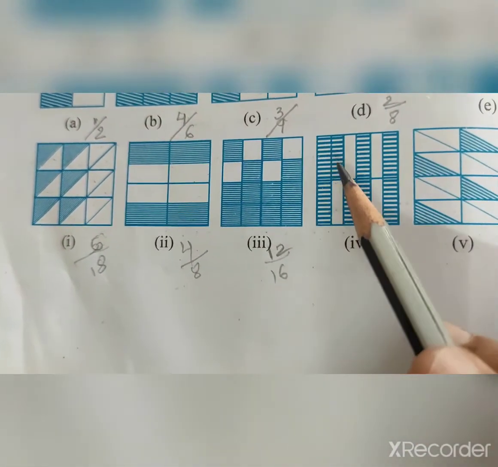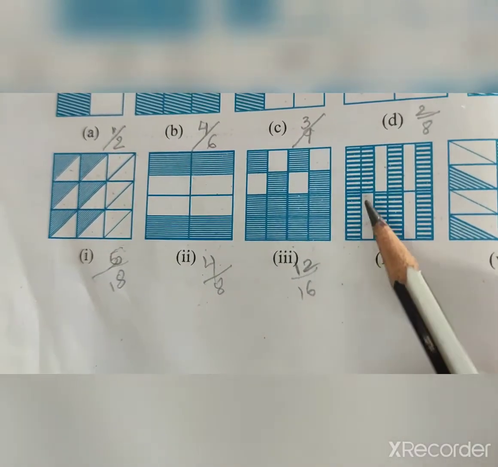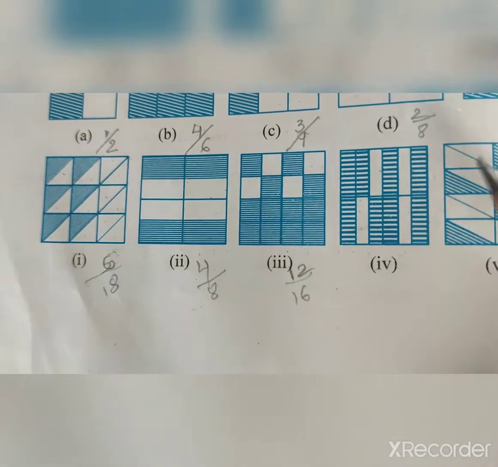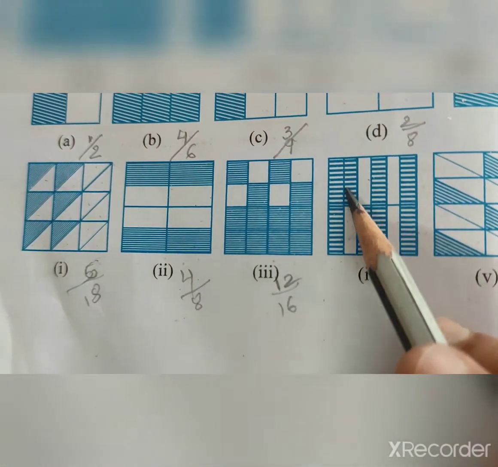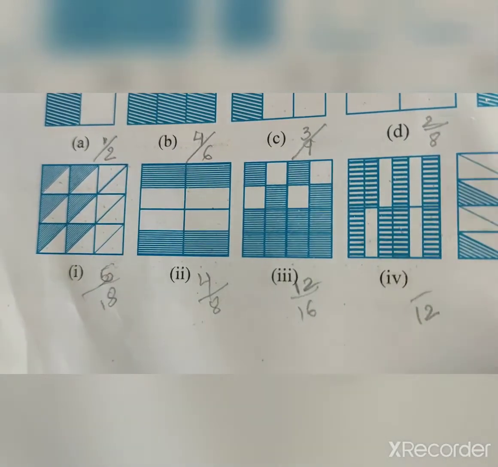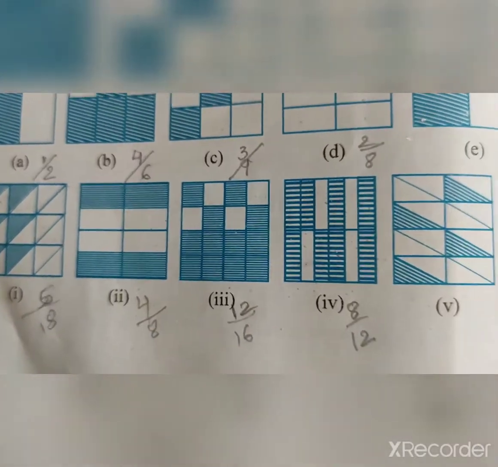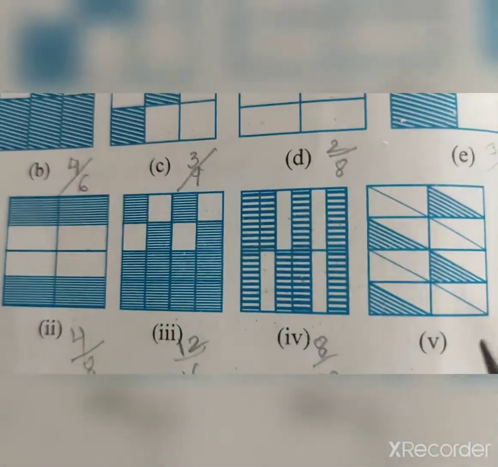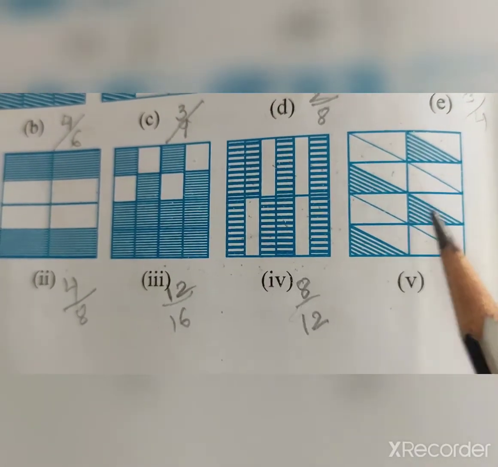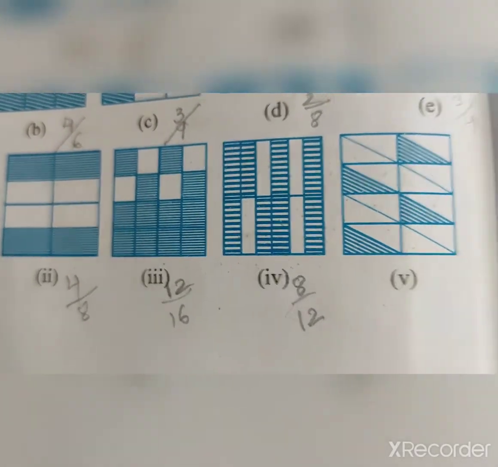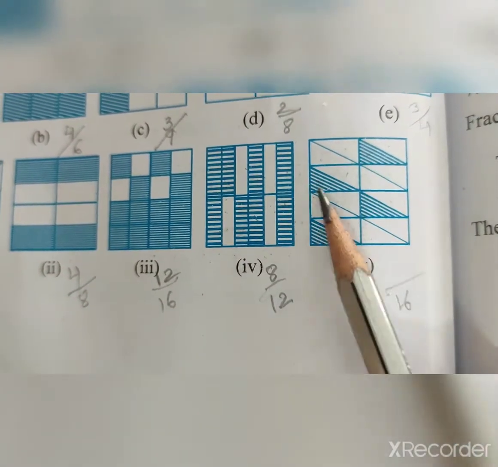Sorry, out of 12, how many are shaded? 8. And then out of 16, 4 are shaded.